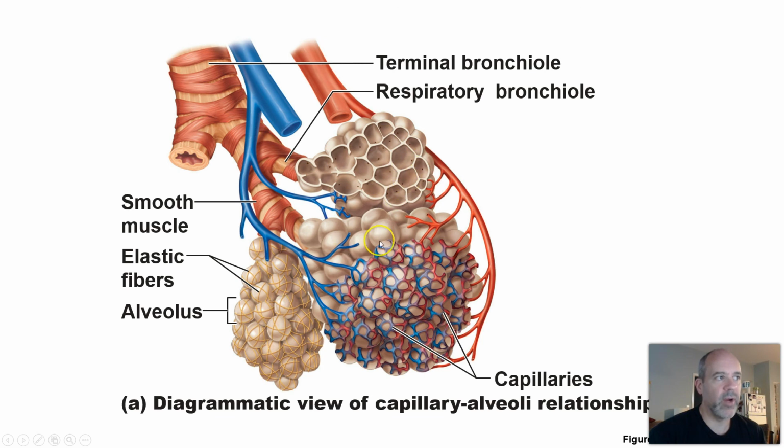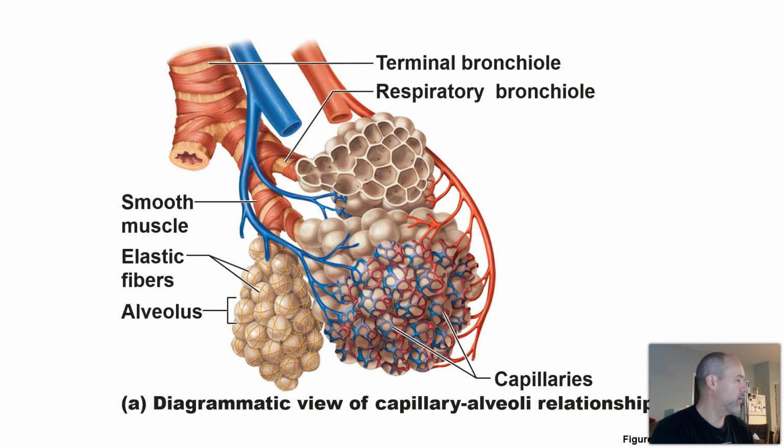Each of those looks like a grape cluster. Each grape is an alveolus, and each one of those is surrounded by a bed of capillaries. And those are your pulmonary capillaries that we talked so much about when we were going over the cardiovascular system, because that's where gas exchange is taking place between the air in the alveoli and these pulmonary capillaries that surround those alveoli.